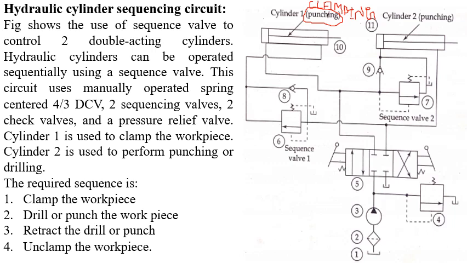Cylinder 1 is used to clamp the workpiece, cylinder 2 is used to perform punching or drilling or any machining operation, and the required sequence is clamp the workpiece, drill or punch the workpiece, retract the drill or punch, and unclamp the workpiece.